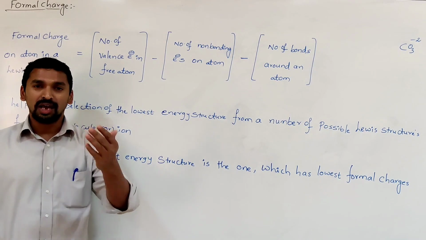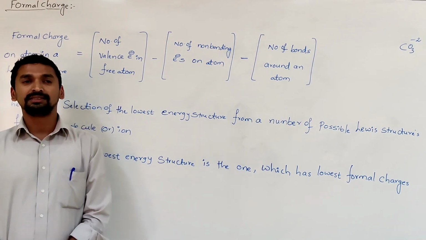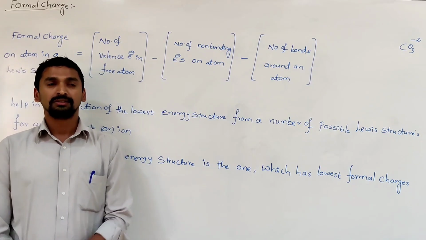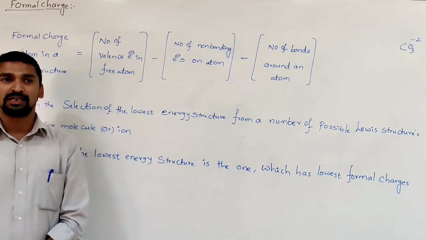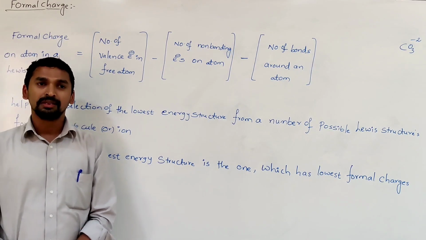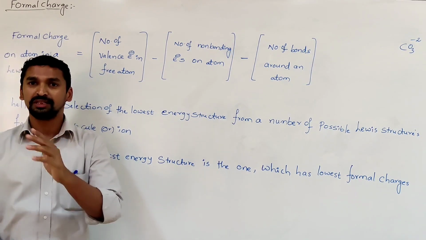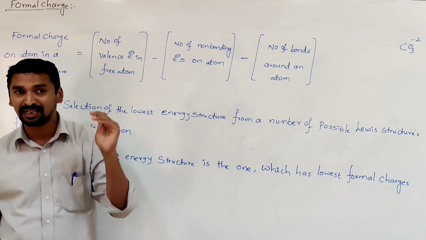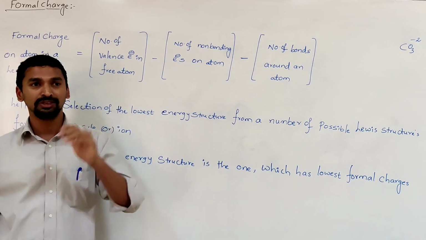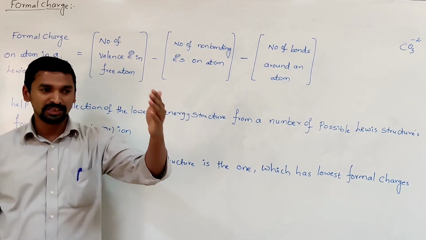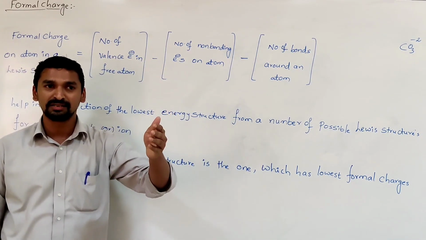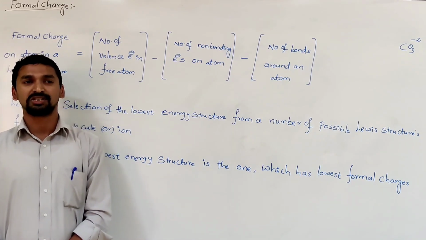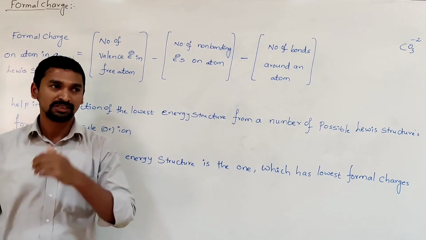Sometimes the electrons are placed on the atom as non-bonding electrons, that is, the lone pair of electrons. So the lone pair of electrons present on the atom and the number of electrons participating in bond formation are treated as the number of electrons assigned to each atom in the Lewis structure. The difference between the number of valence electrons and the number of electrons assigned to each atom in the Lewis structure is called the formal charge.